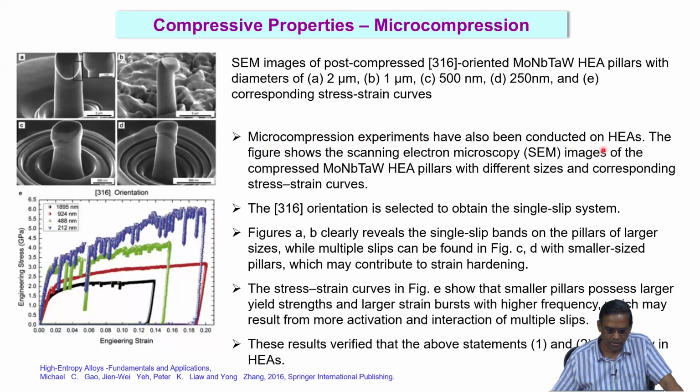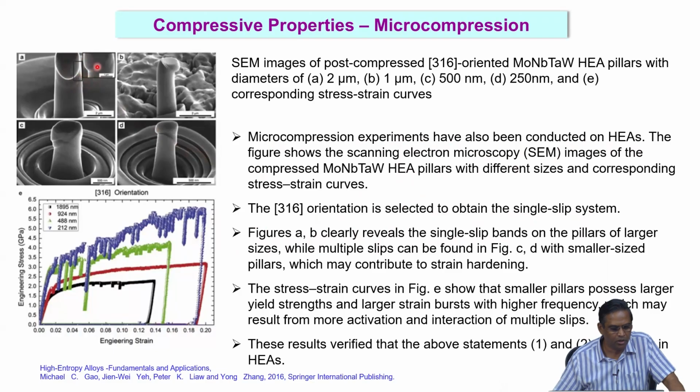So, it is quite interesting. The micro compression test has been conducted under the SEM microscope, and the particular orientation is selected so that you will be able to see the single slip or slip systems. Figures A and B clearly reveal the single slip.